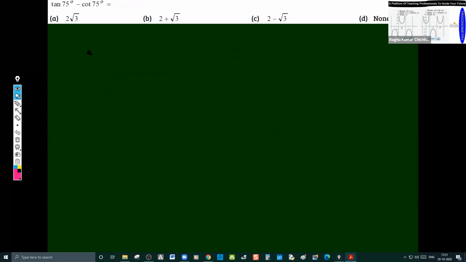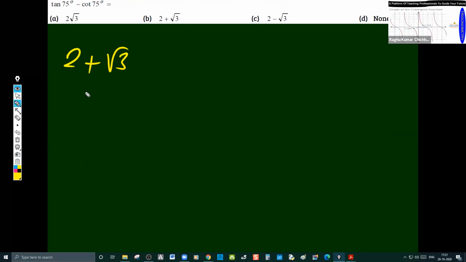Next one, please. This is a standard value, but just to revise the values, I have taken it up. If you remember, that will be very nice, or otherwise you have to derive it by writing it as 45 plus 30. Tan 75 value is 2 plus root 3, and cot 75 value is 2 minus root 3.